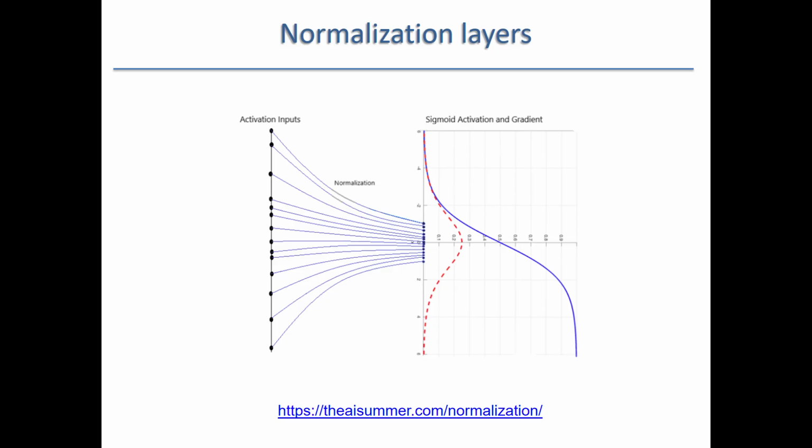We are trying to fight this curse of dimensionality, and for instance, here we are showing that if we do this normalization, again we are in a region of the activation function in which the gradient is large, and because the gradient is large, the network will be able to learn. But for instance, these points here, if we don't do the normalization, they fall in a region where the gradient is very small, and then there is no learning.